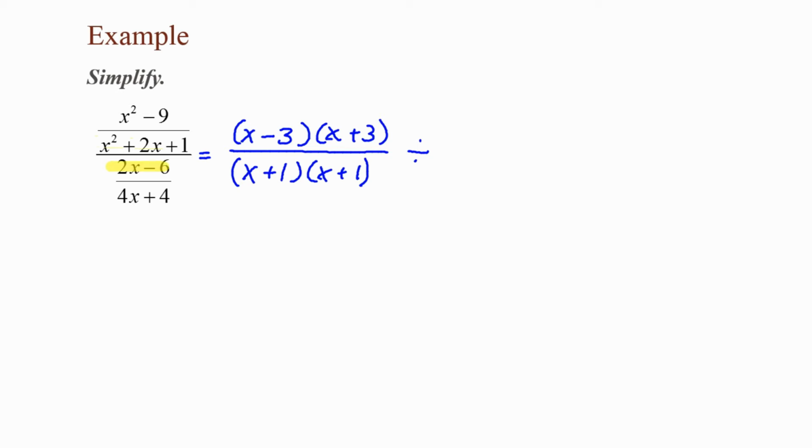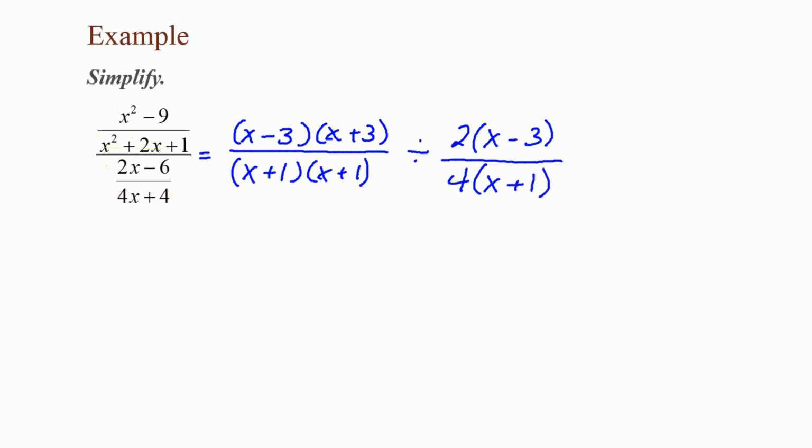I can factor out a 2, which leaves me with x minus 3, and that is divided by 4x plus 4, which has a greatest common factor of 4, leaving me with x plus 1.